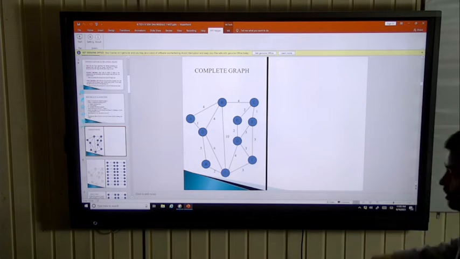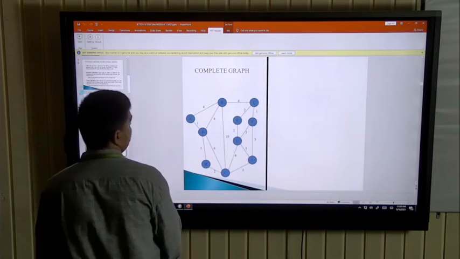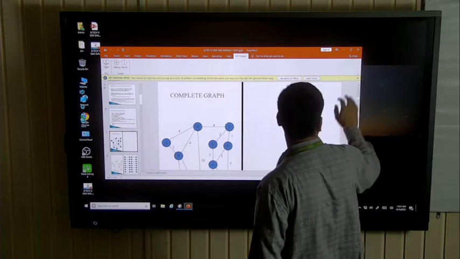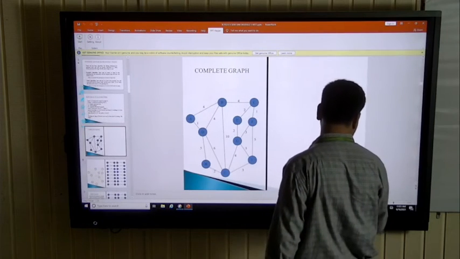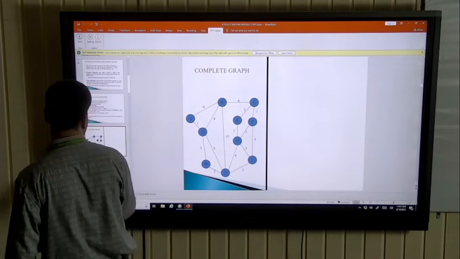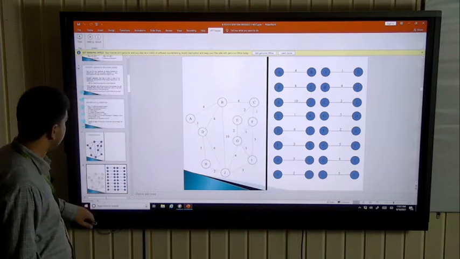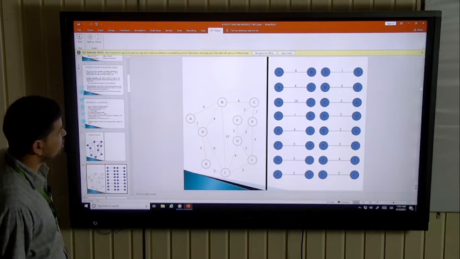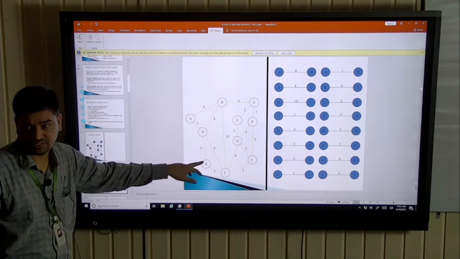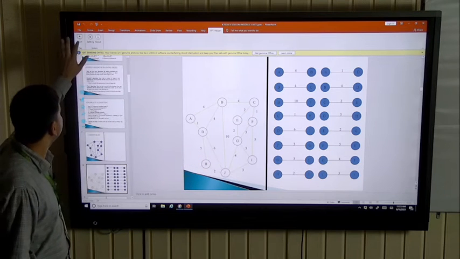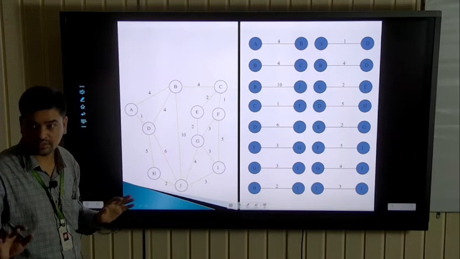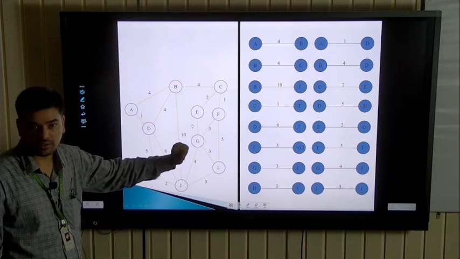Now let me enlarge it. Okay, now we find out. We write down all the edges of this graph.